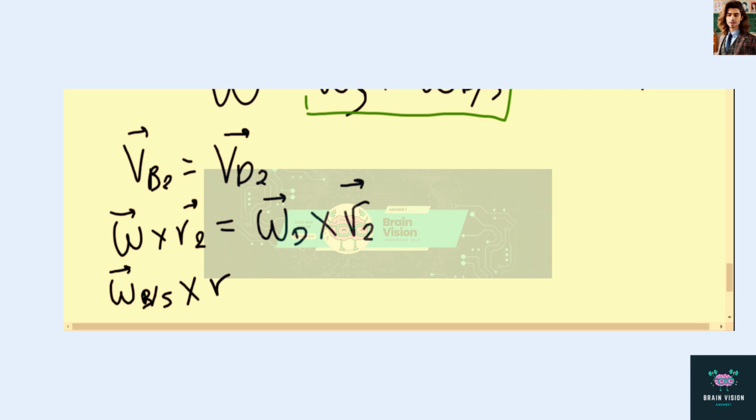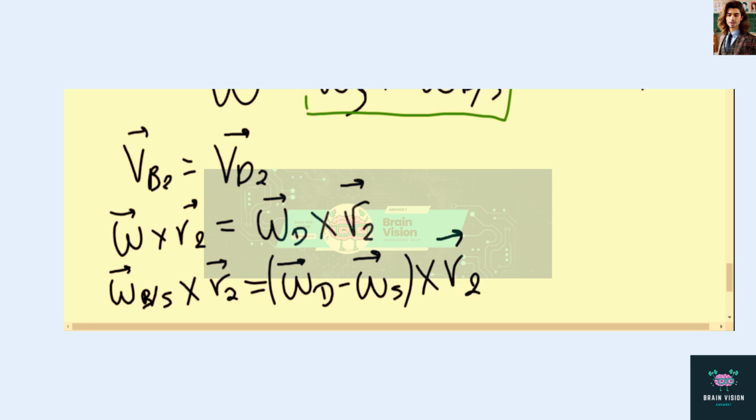And actually taking the angular velocity of the shaft on the other side of the equation, I get an expression like this.